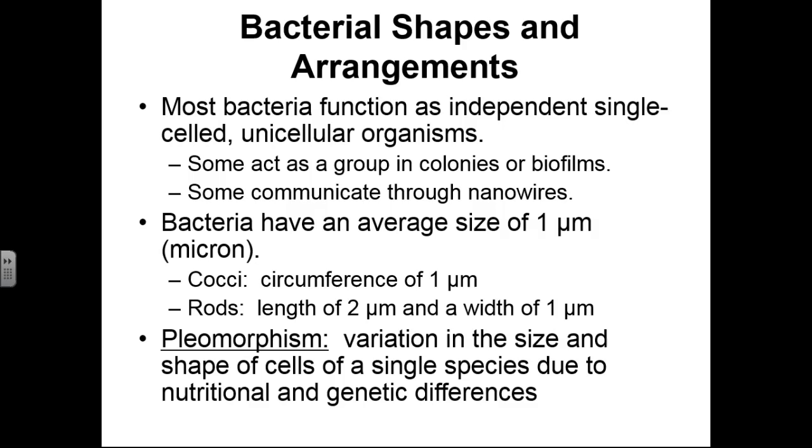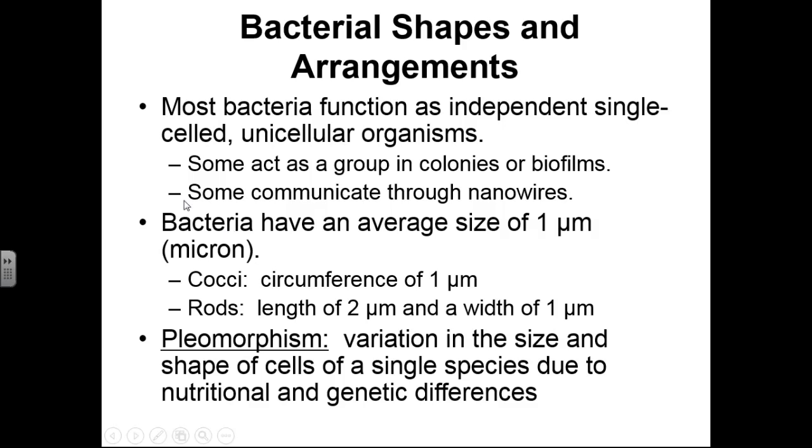Every now and again, there'll also be a nanowire that connects two or multiple bacteria and is used for communication. Nanowires are kind of the new kid on the block. They are very poorly understood right now, at least nanowires between bacteria for communication. So I don't have much to elaborate on with nanowires. I'll work on it. Our bacteria are, generally speaking, really, really small. They average inside of 1 micrometer or 1 micron.